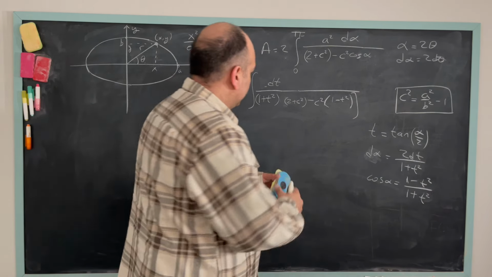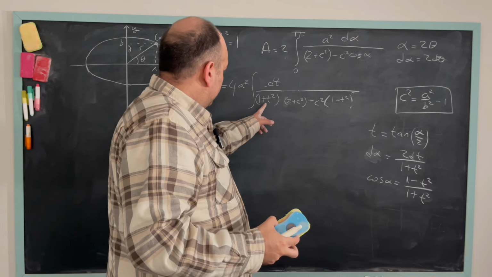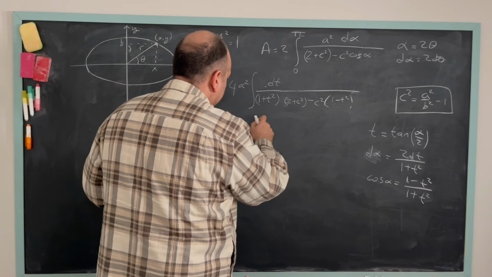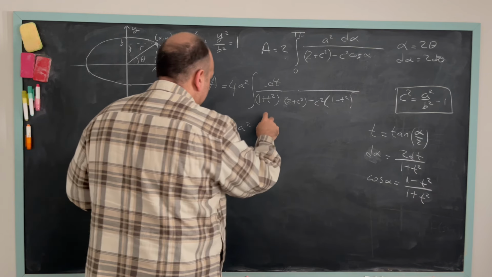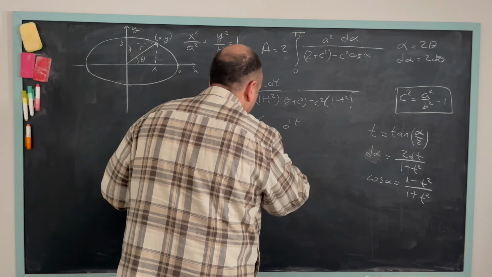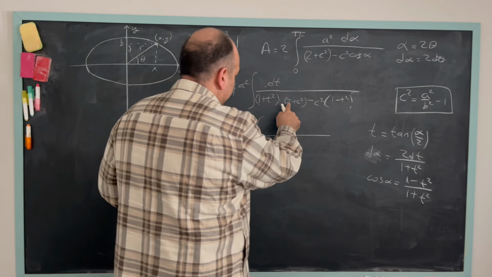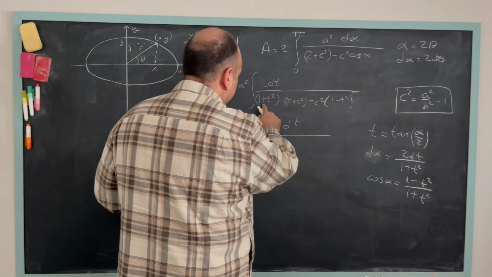So let's collect all the t squared terms here. Let's write it down here: 4a squared integral dt over, let's look at the constant terms first. So 2 plus c squared, this is a constant from here.